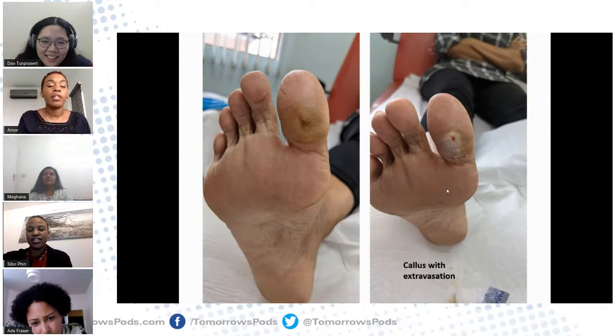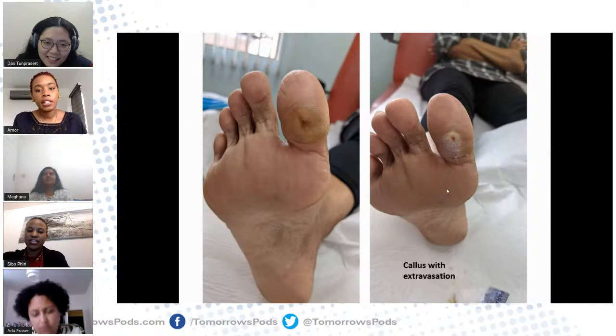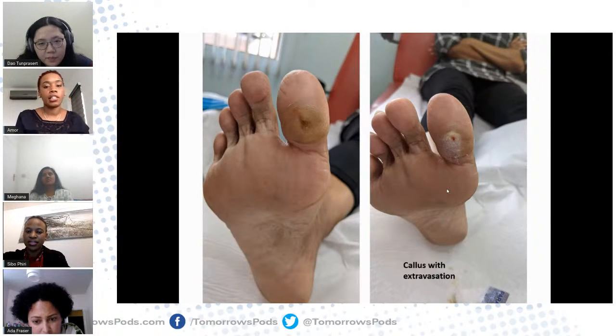Melanomas are often thought of once you see a hyperpigmented spot, but this one was a bit of a simpler case. It was just callus with extravasation. And this person is of Indian descent, so not as dark as some of the other cases you would have seen earlier.